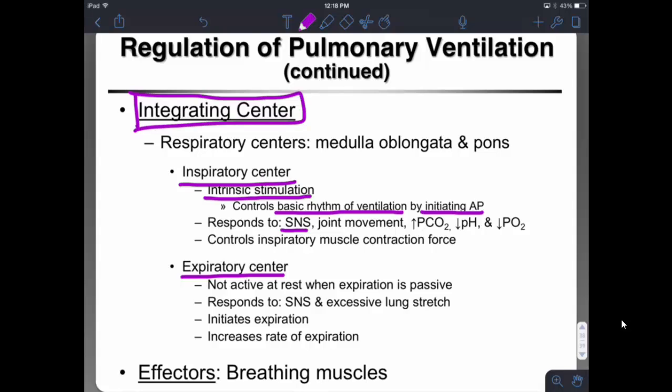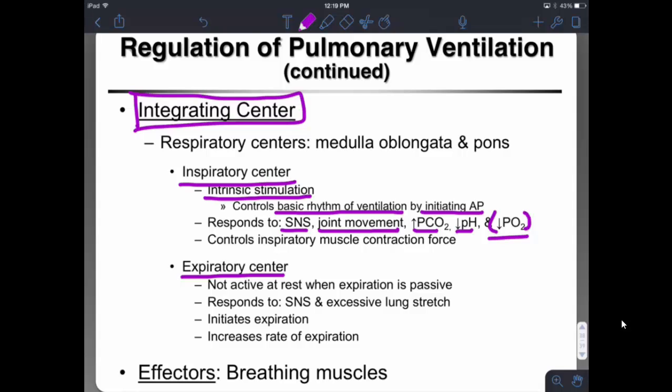We've also got mechanoreceptors feeding back about what's going on in the joints. The more the joints are moving, the greater the need for more frequent and deeper inhalation. And then the other three that we've already talked about would be an increase in PCO2, a drop in pH, or a drop in oxygen, which would be pretty rare.